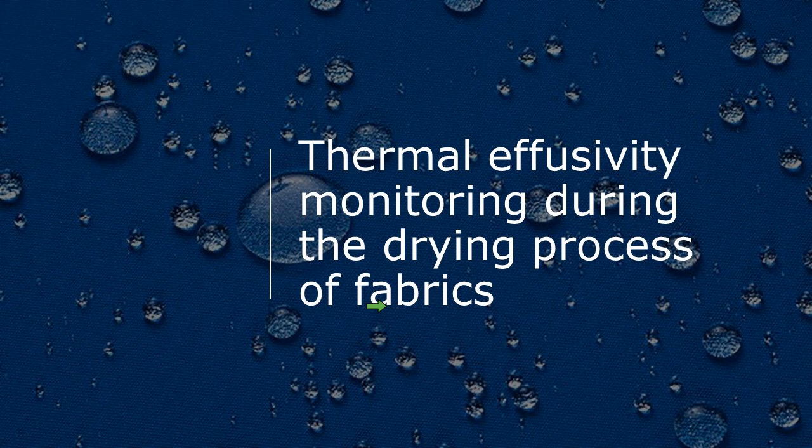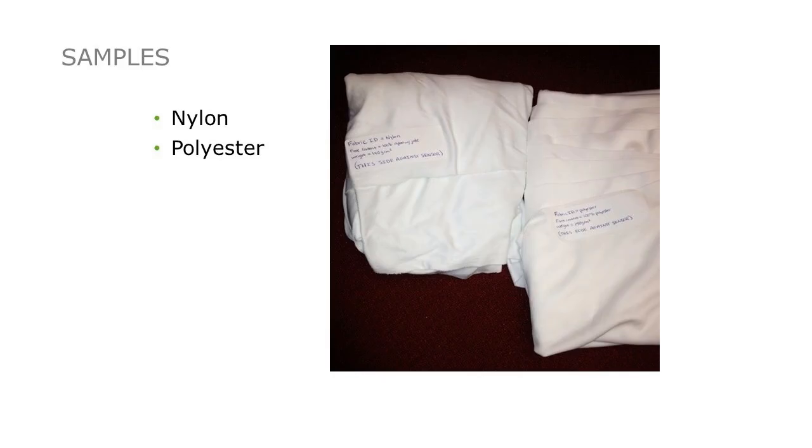But it depends on the wicking ability of the material. It depends on a number of factors. So this is, I think, a really interesting area of opportunity to look at further in terms of application of this technology. So here's just a quick look at some different nylon and polyester samples that were tested.